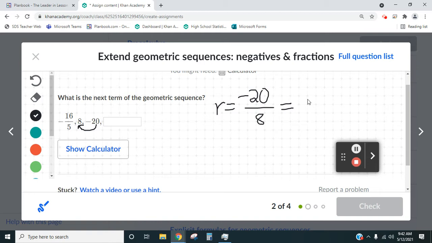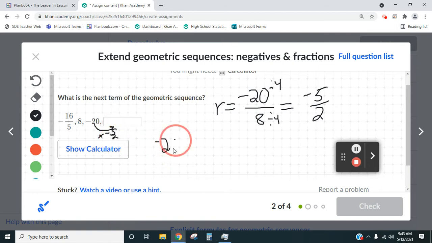It's -5 over 2. You can divide them both by 4, right? Reduce it. Divide by 4. That tells you what to multiply. So now we have to find the next number. The next number is times -5 over 2.